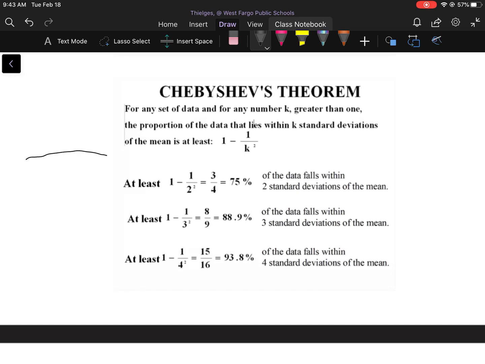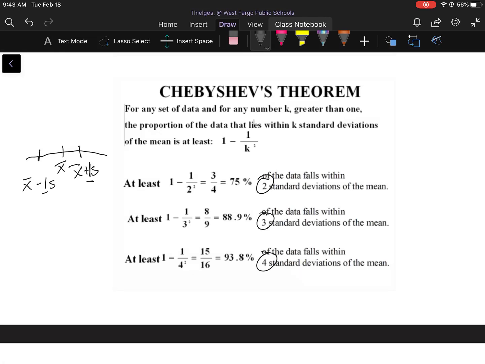So what I mean by number of standard deviations, here's your mean. There's one standard deviation away from the mean, okay? And there's one standard deviation away on the other side. So one standard deviation would mean one below, 2 below. Anyways, the numbers we'll be using would be 2 standard deviations, 3 standard deviations, and 4.